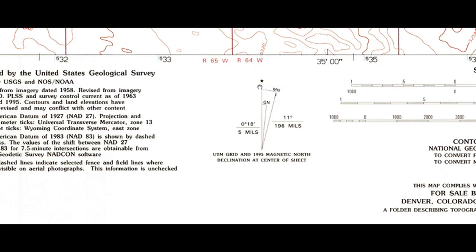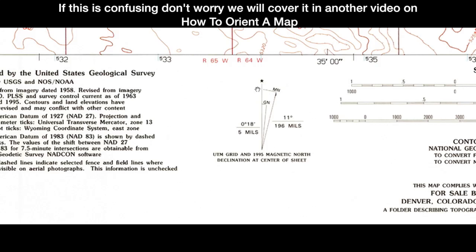And so your magnetic variation is going to be different for every map. What you need to do is find out what the degrees of variation is, so that when you orient your map, you can subtract or add that to 0 on your compass scale, and basically make it so that you're oriented towards true north.